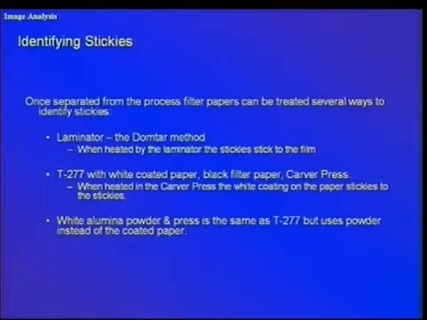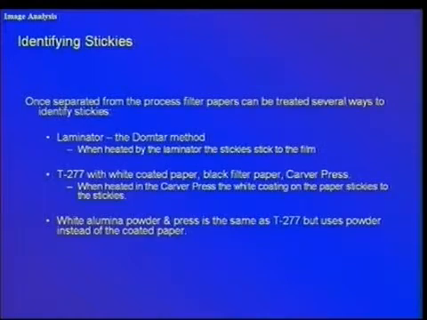The second method is TAPPI 277, where the white paper that was developed by Voith and is available from them, containing an aluminum oxide coating, or maybe a calcium carbonate, lightly adhered to the paper, comes off when a Carver press is closed at a known pressure and temperature.